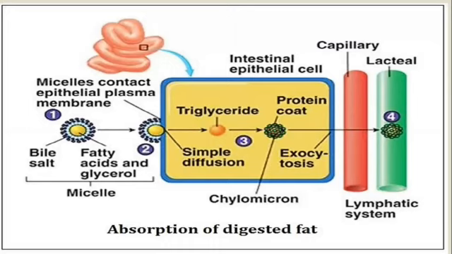Absorption of fat occurs only in the small intestine. Once the triglycerides are broken down into individual fatty acids and glycerol, along with cholesterol, they are aggregated into structures called micelles. Fatty acids and monoglycerides leave the micelles and diffuse across the membrane to enter the intestinal epithelial cells.